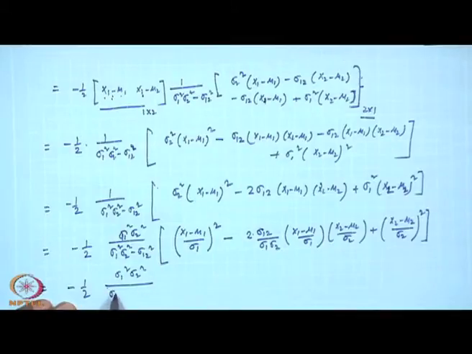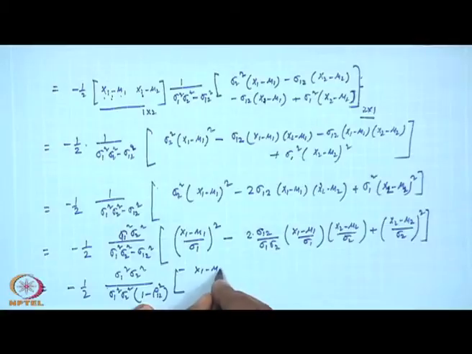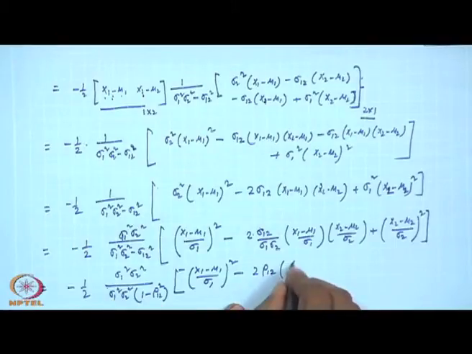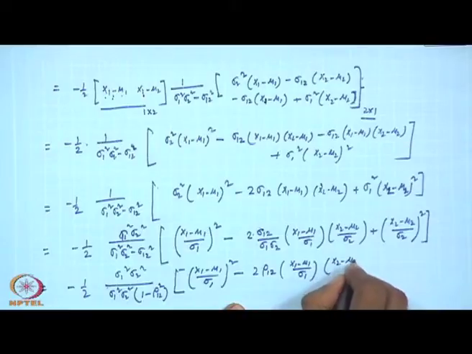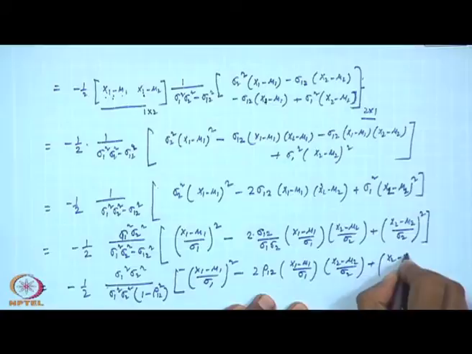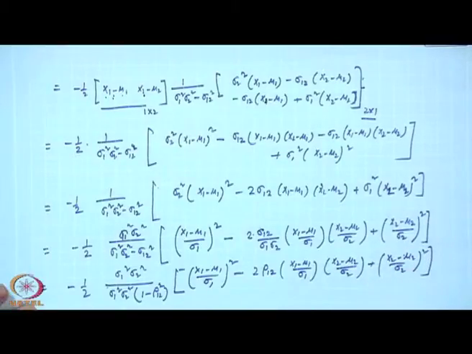So, you take common here 1 minus rho 1 2 square, then this quantity is x 1 minus mu 1 by sigma 1 square minus 2 rho 1 2 x 1 minus mu 1 by sigma 1 x 2 minus mu 2 by sigma 2 plus x 2 minus mu 2 by sigma 2 square. So, this quantity will be cancelled out.